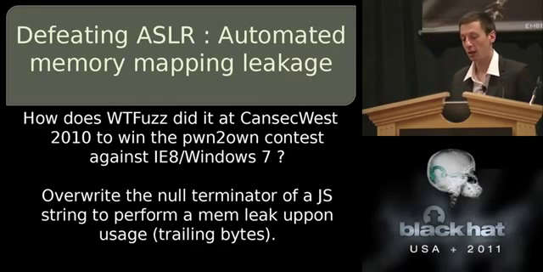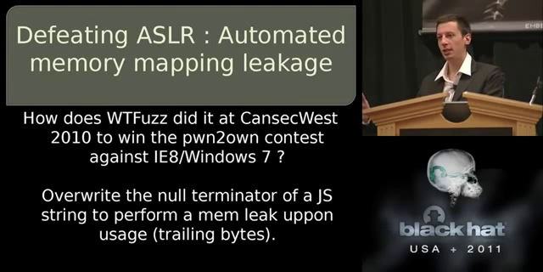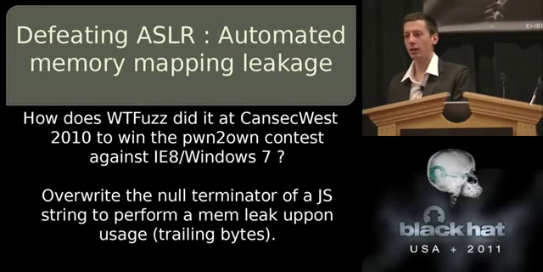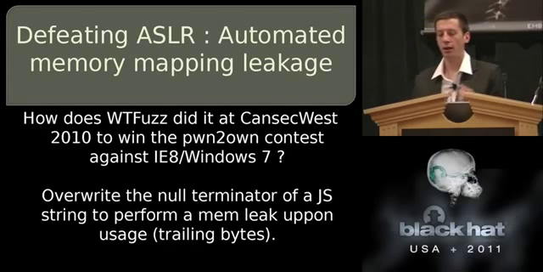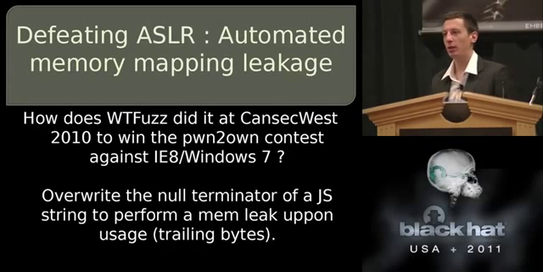So by doing that, you get to read the few bytes following your normal string. And if this contains a pointer to another memory location, you can read it back, right? And you can deduce what the mapping of your binary is.